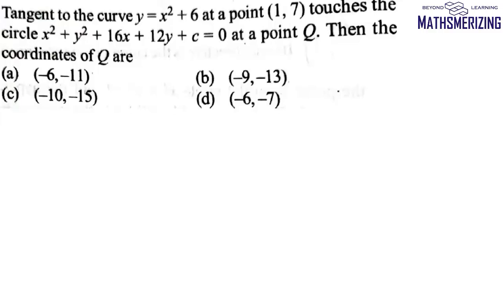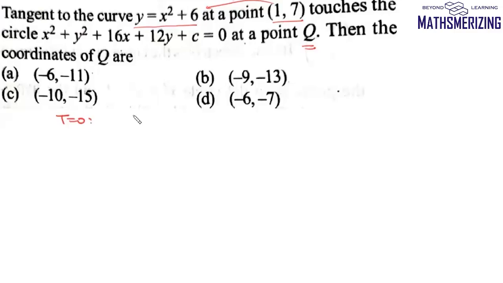Now the question is: the tangent to the curve y equals x squared plus 6 at the point (1, 7) touches the circle at a point Q, then we need to find the coordinates of point Q. Now this point (1, 7), we'll put it in the equation. If we put y as 7 and x as 1, this point satisfies the given equation. So that means this point lies on the curve. And when the point lies on the curve, the best way to find the equation of tangent is simply T equals 0.